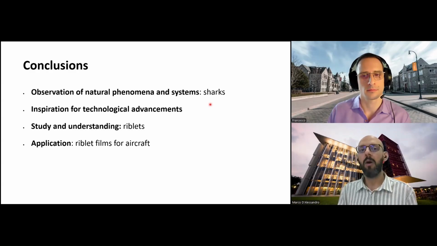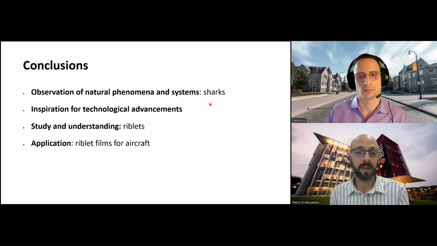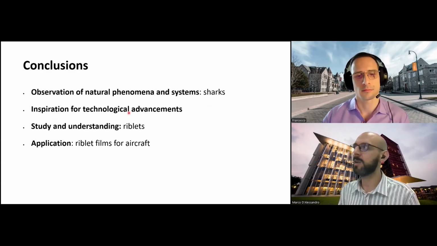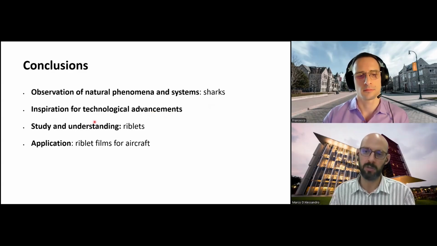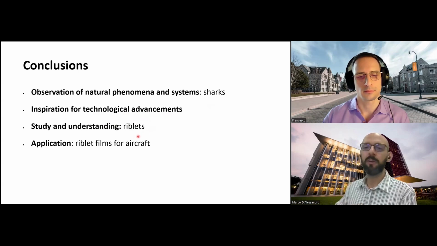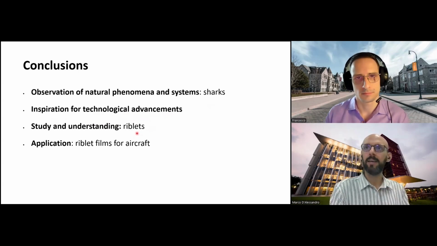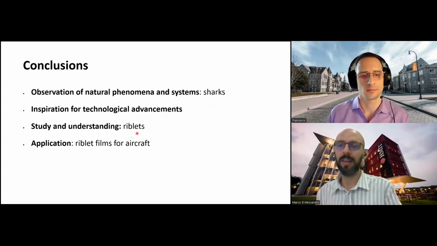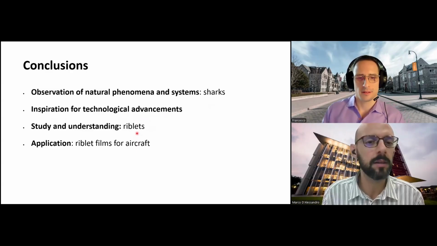So we've seen today how, starting from the observation of natural phenomena and systems, we can come to technological advancements. And this is something that keeps pushing the limits of technology. We keep moving forward by imitating nature. This is what's really fascinating to me.